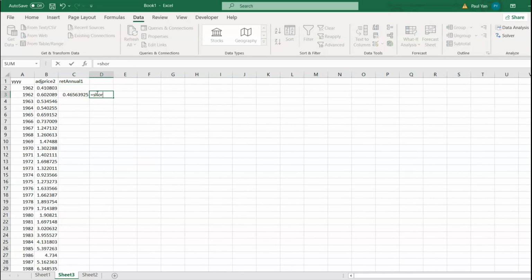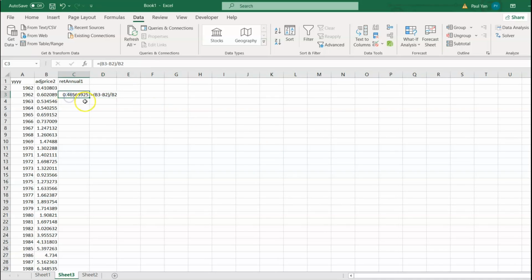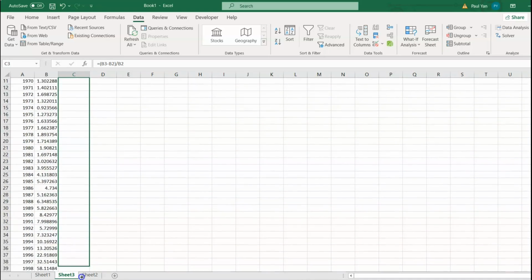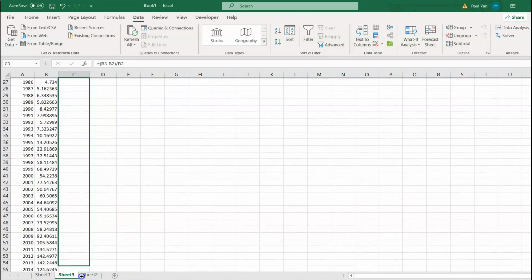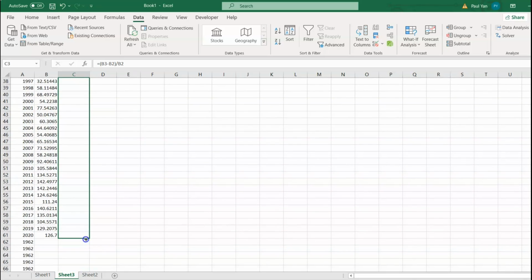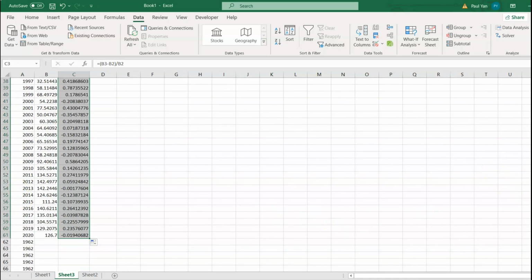The formula is simply price P1 minus P0 divided by P0. We can just copy and paste, then we got all our annual returns.